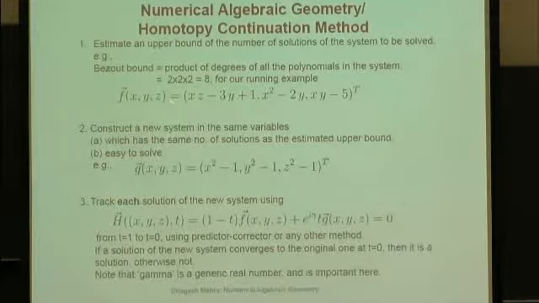So for this running example, I constructed this system, right? It is very easy to solve, and it has 8 solutions. Then the third step is to track each solution of this new system using this homotopy. Okay, I should explain it a bit further.